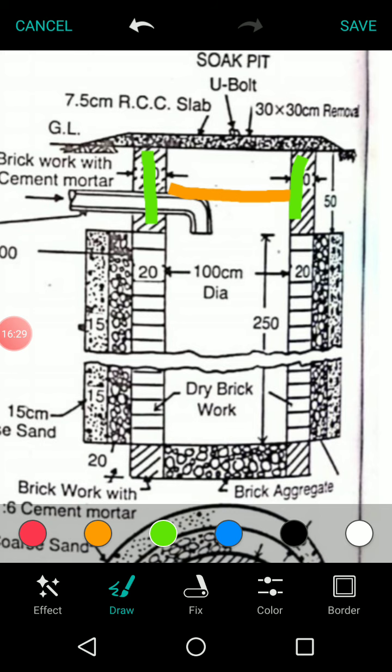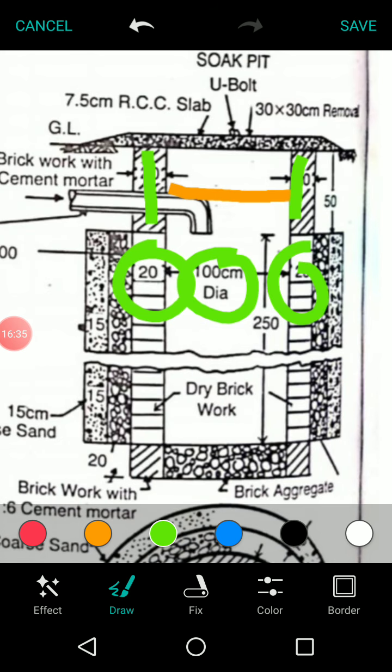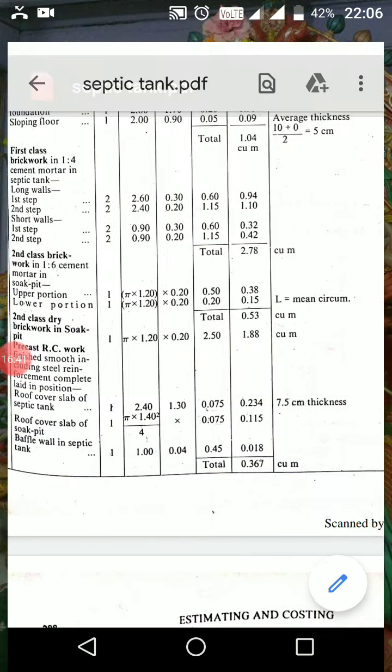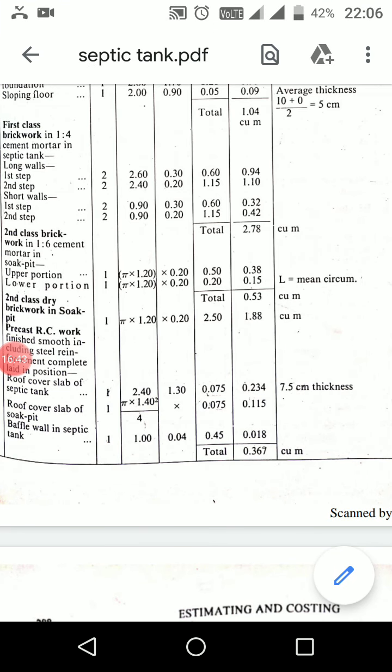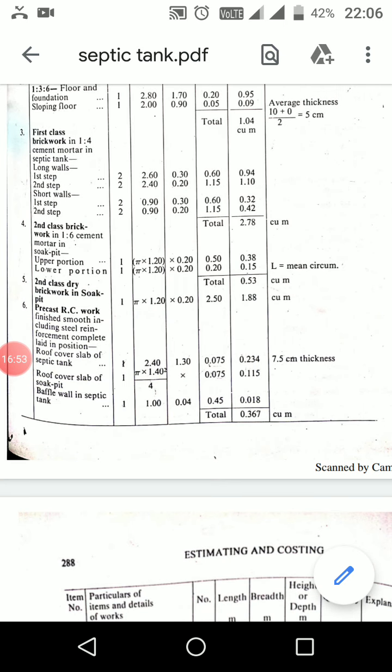Okay, it means 1 meter plus 20 by 2 plus 20 by 2. So you will get mean circumference as 1.2 meters. Similarly, lower portion also it is having the mean diameter of 1.2 meters. So the total quantity of second class brickwork it is 0.53 cubic meters.